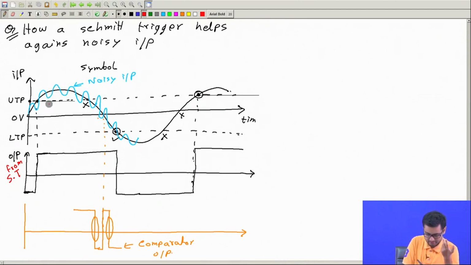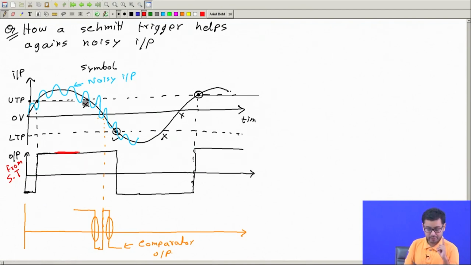I mean, it's logical because the input is sufficiently high, it's even above the upper trigger point. So definitely at this point the output will be positive, okay, because the input here is always above the upper trigger point. So we start from the assumption that here the output is positive. How long will it remain positive?